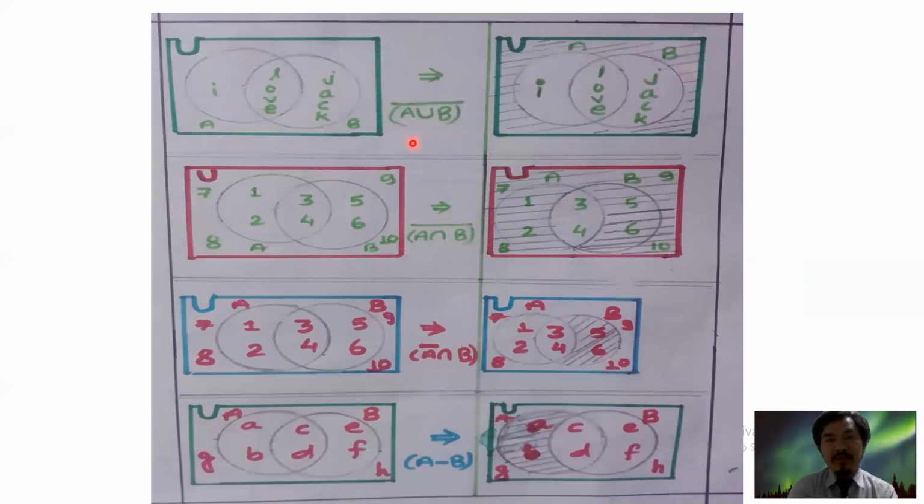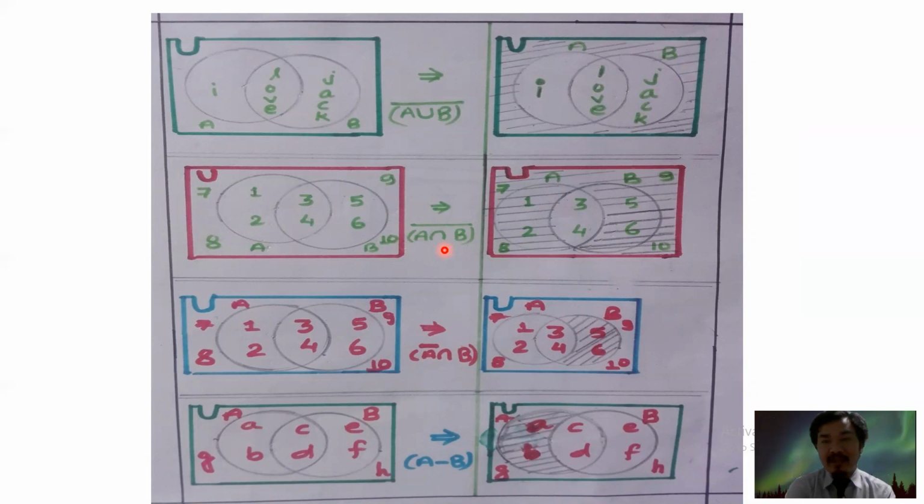Now here, 1, 2, 3, 4, 5, 6, and 7, 8, 9, 10 outside. This is A intersection B complement: A intersection B is not shaded, and all the other parts are shaded. That means except A intersection B, the remaining parts of the universal set.